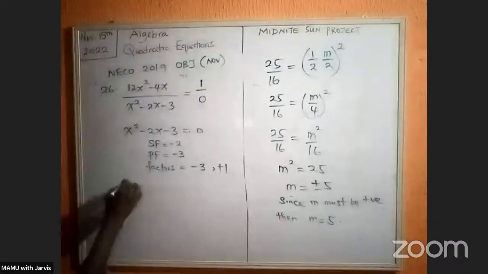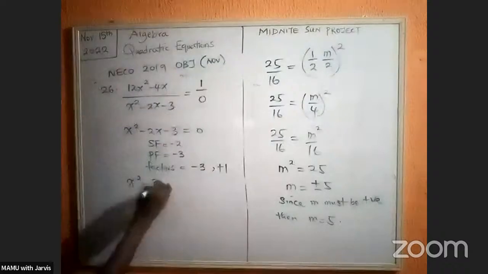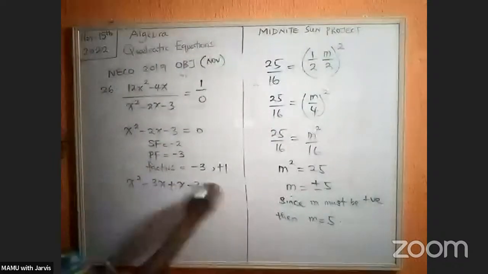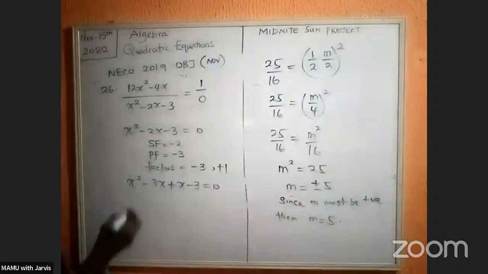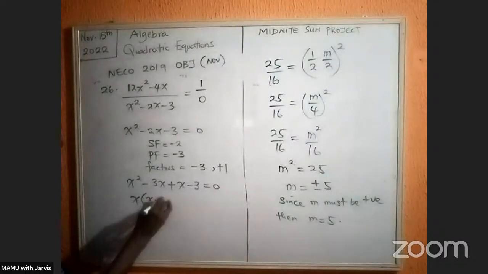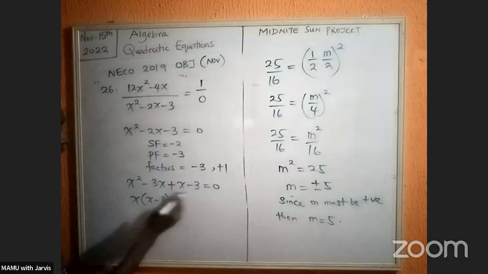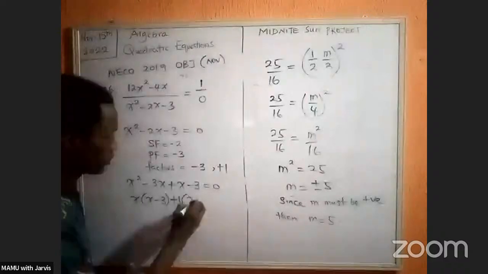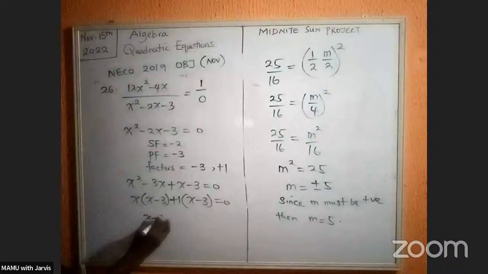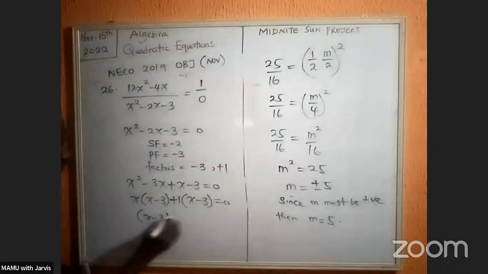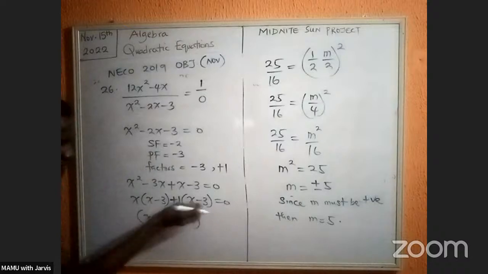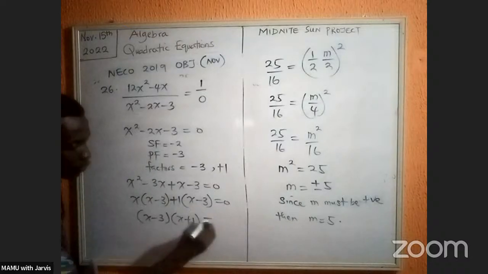Then I will have x squared minus 3x plus x minus 3 equal to 0. I can factor x out from the first part, x into x minus 3, and where no factor exists, 1 will definitely exist, plus 1 into x minus 3 equal to 0. So that means x minus 3 into x plus 1 will be equal to 0.